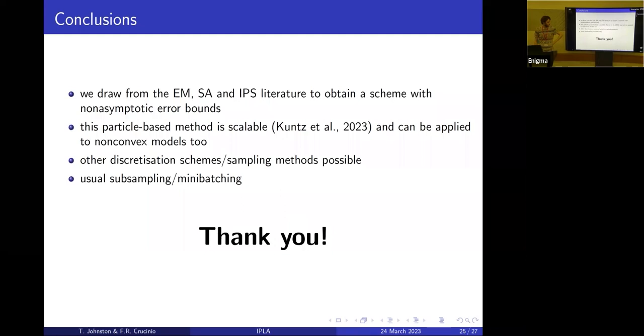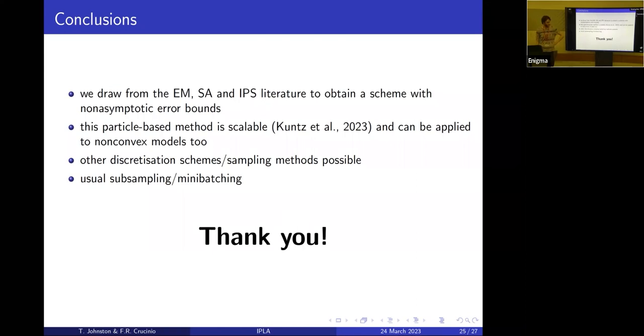There is a lot of literature also on interacting particle systems, so one could imagine leveraging that side to get a different direction for theoretical analysis, although we found that the Langevin point of view was the best one to get these non-asymptotic error bounds.